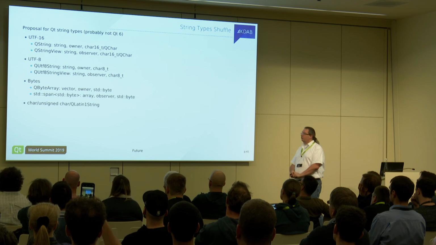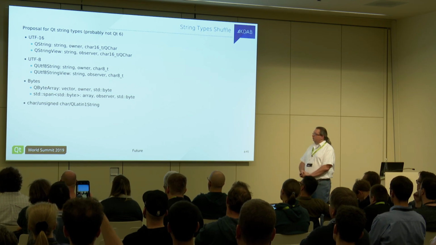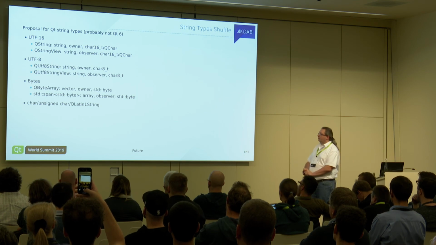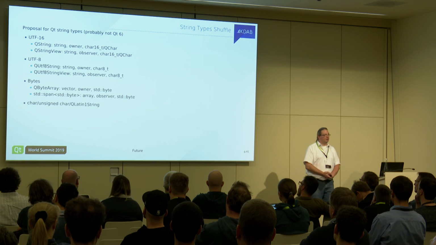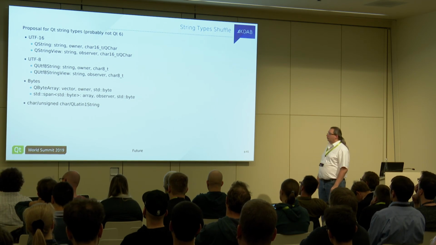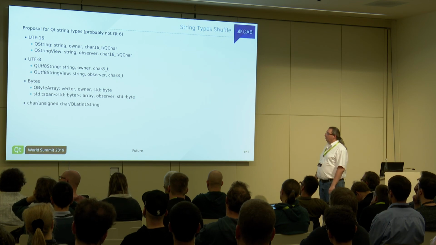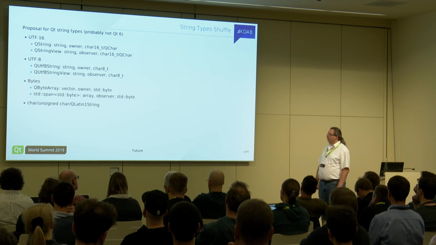We would have a string view over this. And then we would have QByteArray as a vector of byte. And then the question is, will we have a QByteArrayView? And I don't think that makes much sense because we have standard containers, string view or span of byte, which can do the same thing.